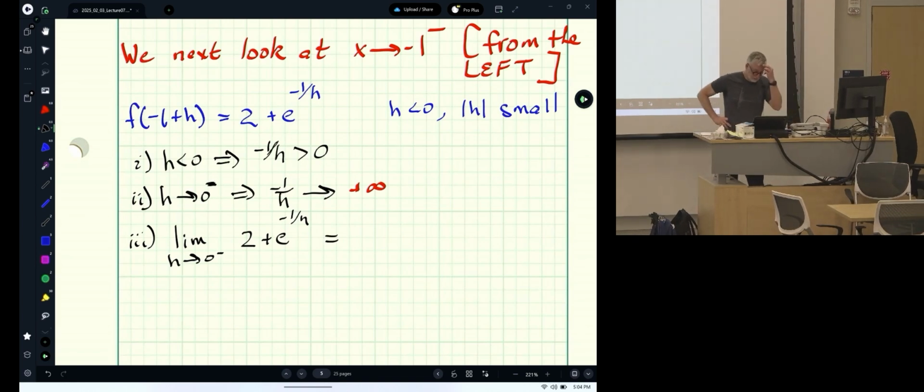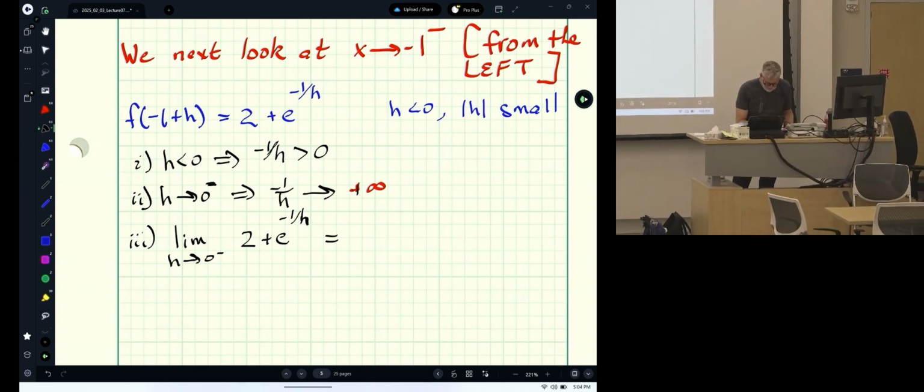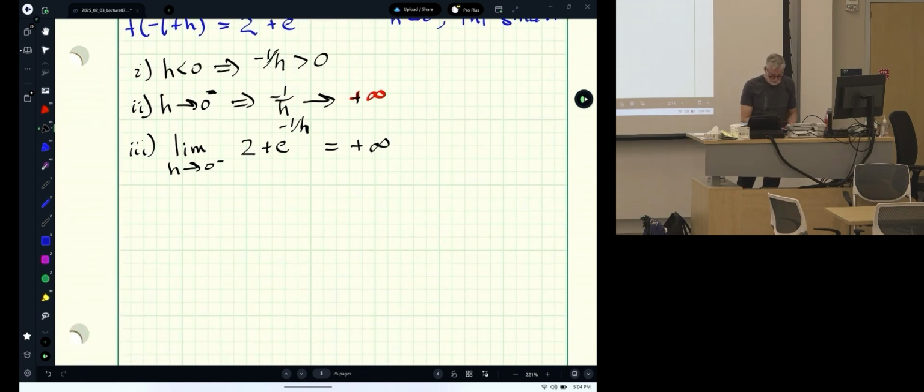If -1 over h looks like an eta, which is the Greek version of h, and -1 over h is going to plus infinity, then this is going to plus infinity as well. So bottom line, the limit as x approaches -1 from the left of our f of x equals plus infinity this time.